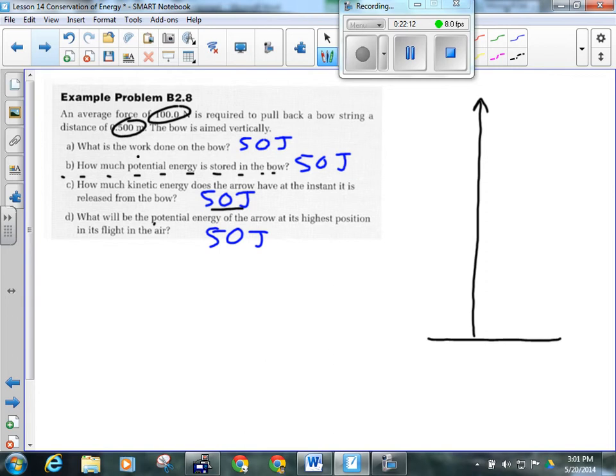So let's say I know that the arrow has a mass of 0.050 kilograms, 50 grams. Could I calculate how high this arrow will go?